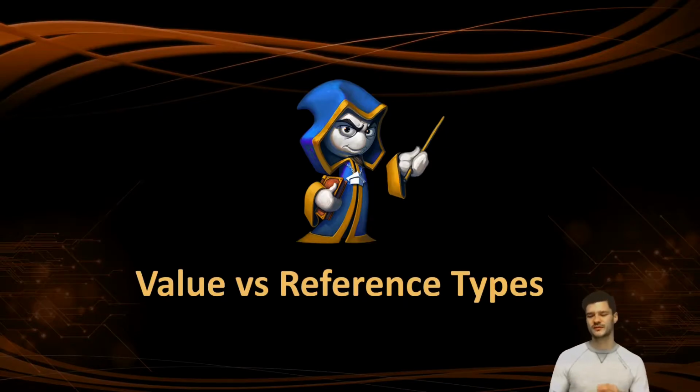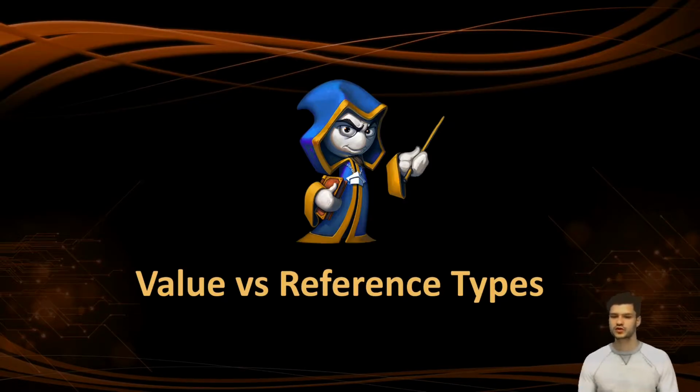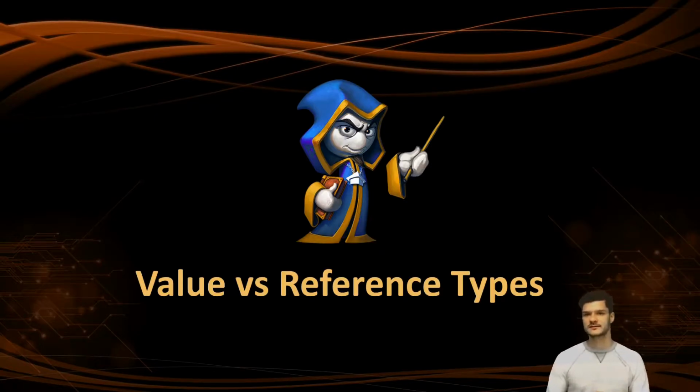I'm not gonna talk about what a stack and heap is right now, because it's a bit more complex and it's a bit out of scope, but you need to know this because for example, array is a reference type of variable, of data structure, and we need to mention this.